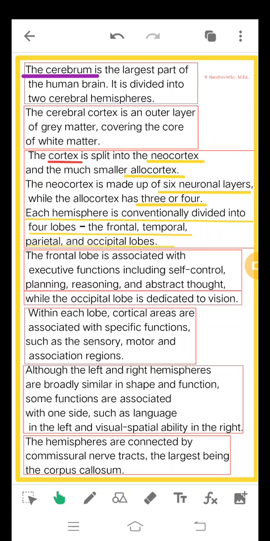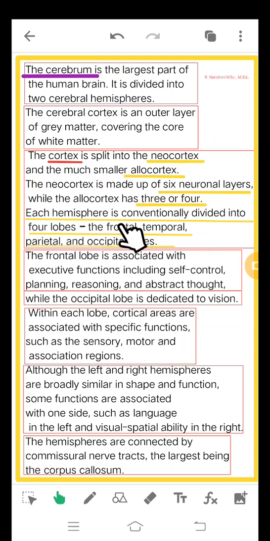The next point: the cortex splits into neocortex and allocortex. The neocortex is made up of 6 neuronal layers. The allocortex is made up of 3 or 4 neuronal layers.